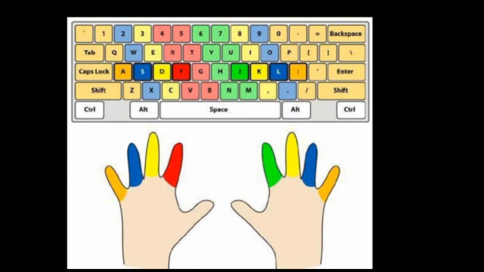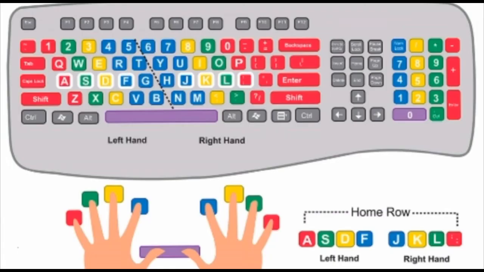The first row contains the space bar, Windows, Alt and Control keys. The second row contains 7 alphabetic keys, 3 keys with symbols and 2 shift keys.